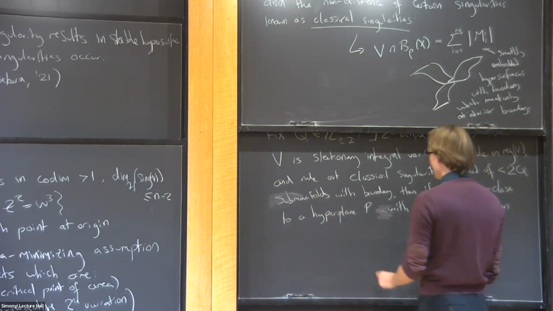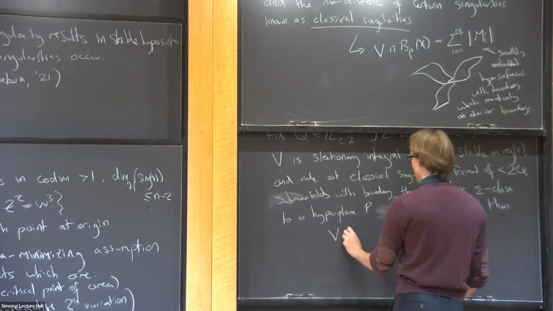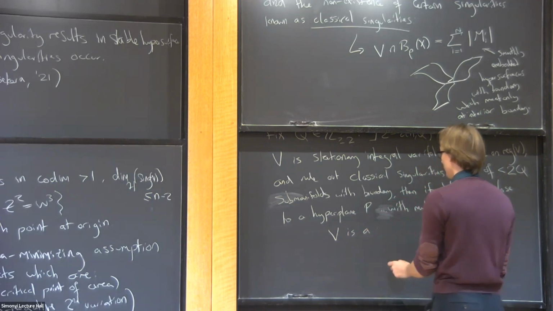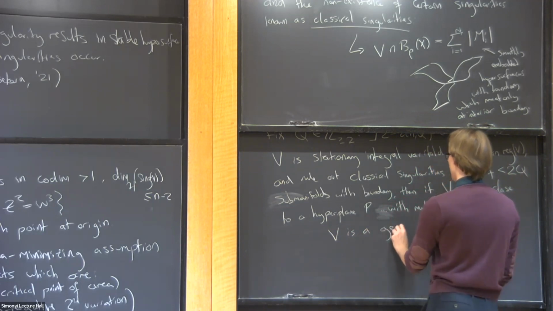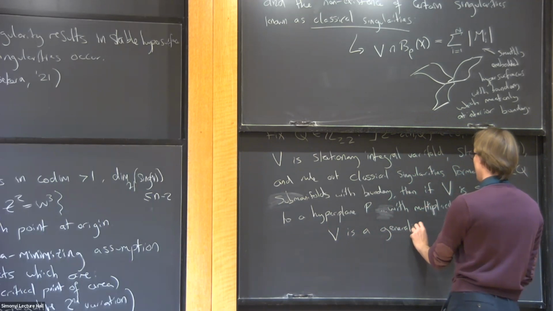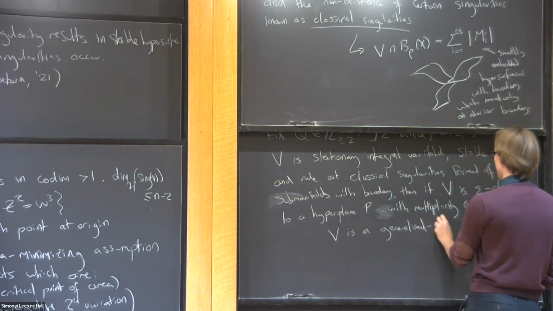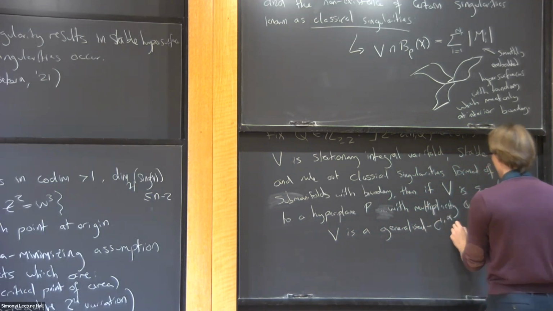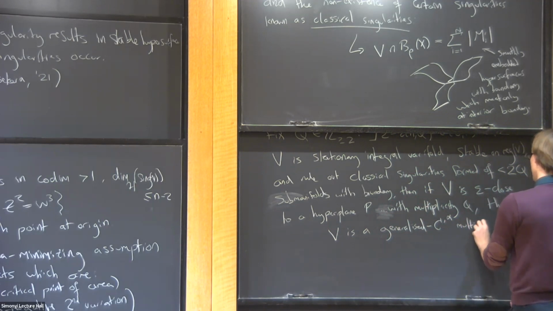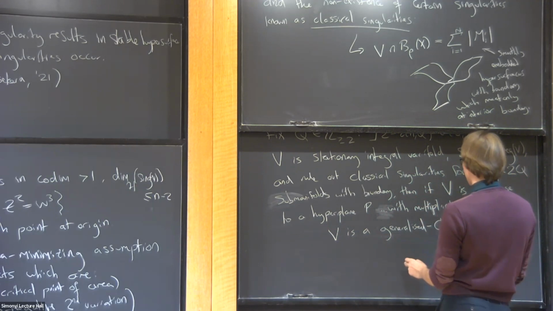So I'll say that then V is, it's slightly more complicated, a generalized C1-alpha multi-valued graph. I'll say what I mean by this in a second.